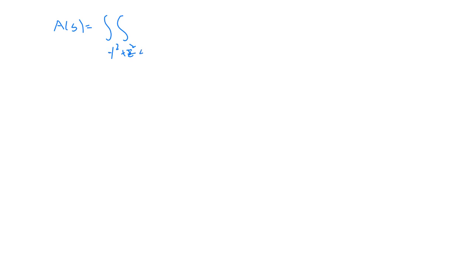So y squared plus z squared less than or equal to 9, square root of 1 plus 4y squared plus 4z squared dA. So let's decide to use polar coordinates. If we do that, then I'm going to let y equal what now? And z will equal what?